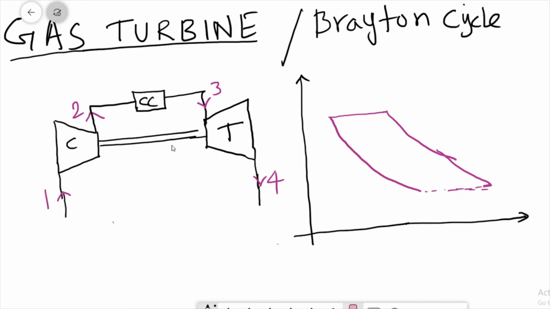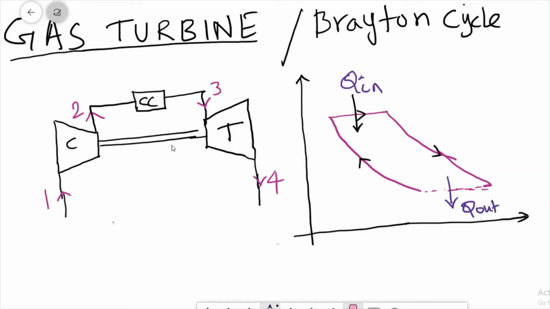We need to note down our heat addition. That means heat is supplied to the system here, so this is nothing but Q in. Similarly, here it will be Q out.